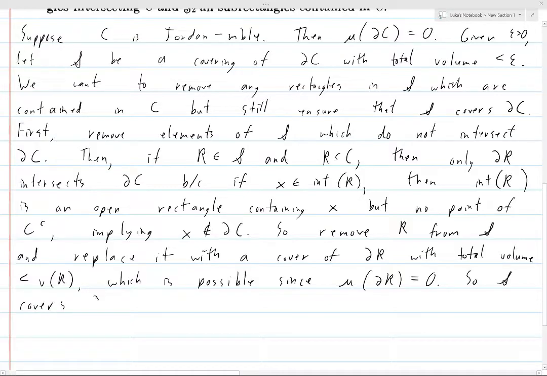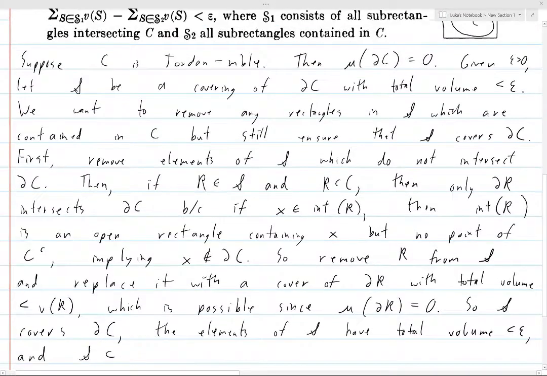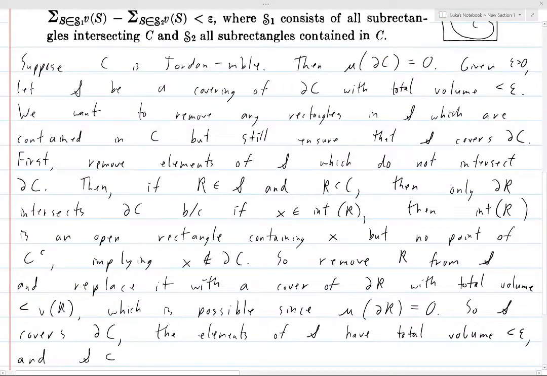S covers the boundary of C. The elements of S have total volume less than epsilon, and any rectangle in S covers something in the boundary of C.